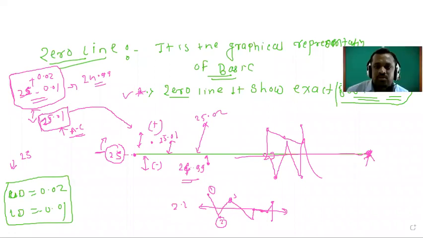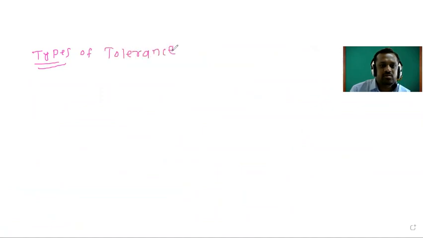Okay. So again, next small part is remaining: the types of tolerances. What are the different types of tolerance?